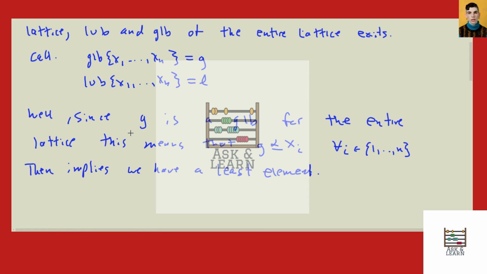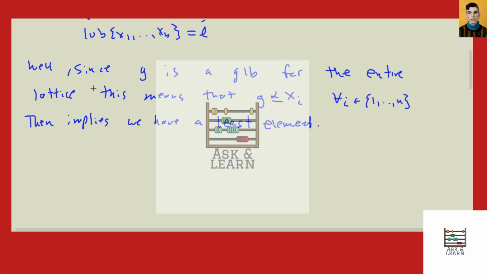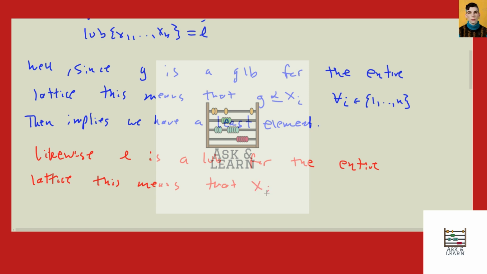All right, and now similarly for the least upper bound, we'll do that same thing. So likewise, L is a least upper bound for the entire lattice. And this means that xi is less than or equal to L for all i in 1 to n.